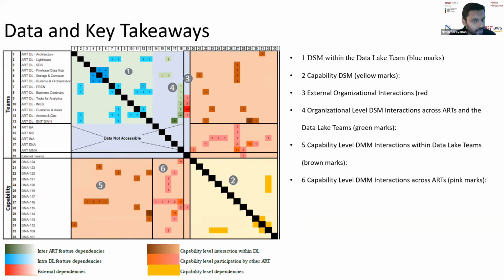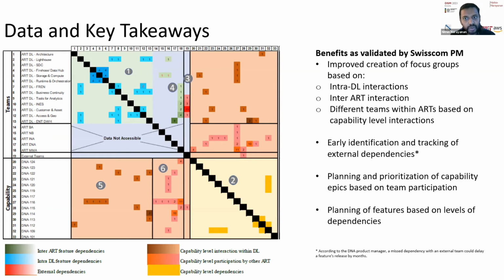So if the dependencies are identified very late in the game, any delays could potentially push out a release by months together. So identifying these dependencies and representing them in this model was seen as a big benefit and a takeaway. So these are the main benefits which were validated by Swisscom by showing this DSM.